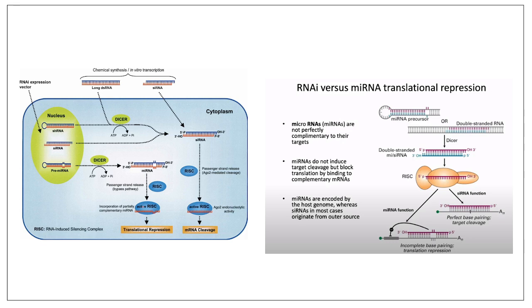The template strand binds to the RISC complex, and then it performs its function. miRNA is again acted upon by Dicer. shRNA is also acted upon by Dicer. Then active RISC and mRNA cleavage. Now, miRNA also performs translational repression and siRNA also performs translational repression.